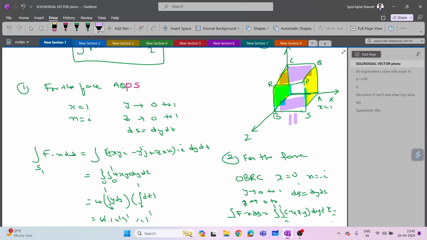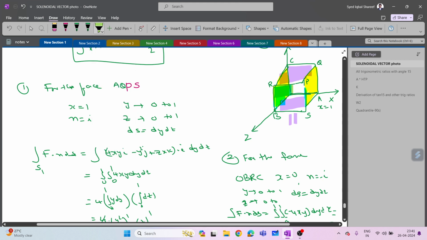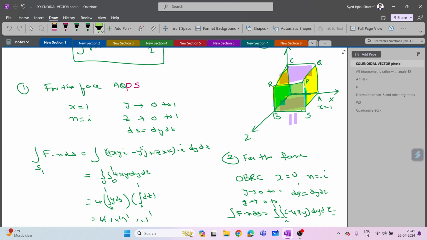And another thing is for z. This front face, z equal to 1, and the opposite to it, the back, z equal to 0. For this face x equal to 1 and the back face x equal to 0, with n equal to i and n equal to minus i.